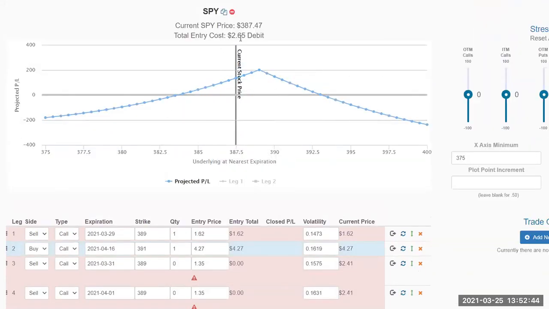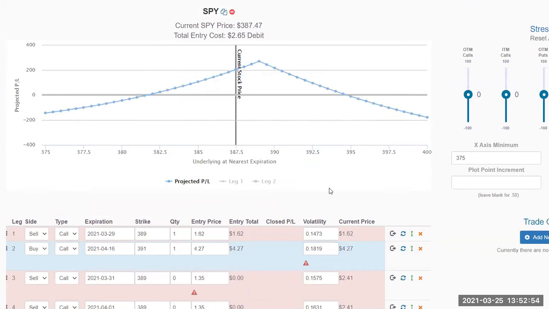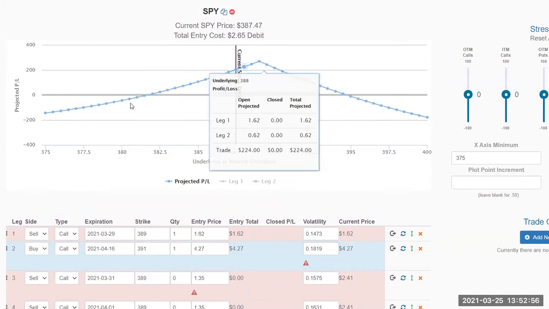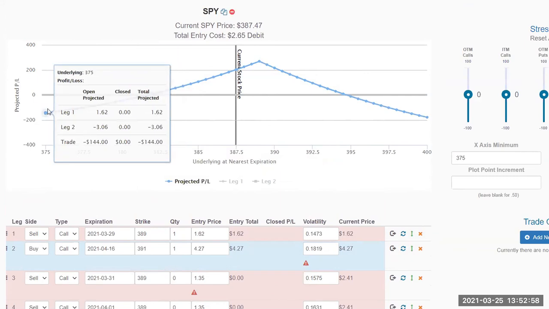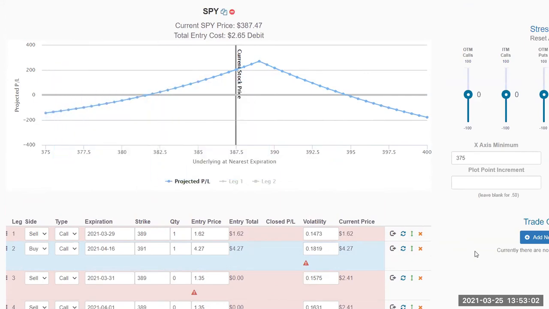So now $265 is the absolute max loss, and that's probably going to be closer to 18. But 265 is now the max loss, either to the upside or to the downside. And again, to realize that max loss, the market has to make a big move in a 2-day time period.